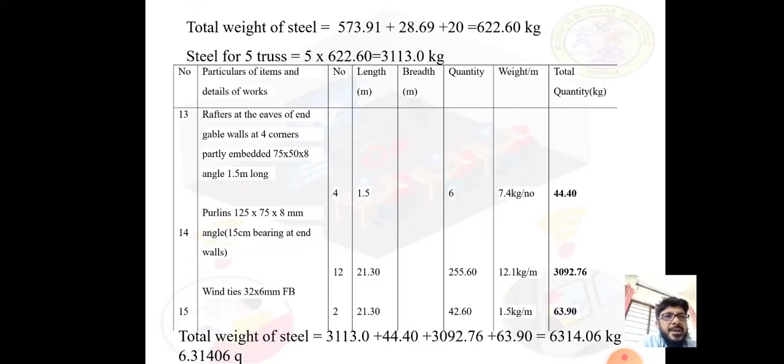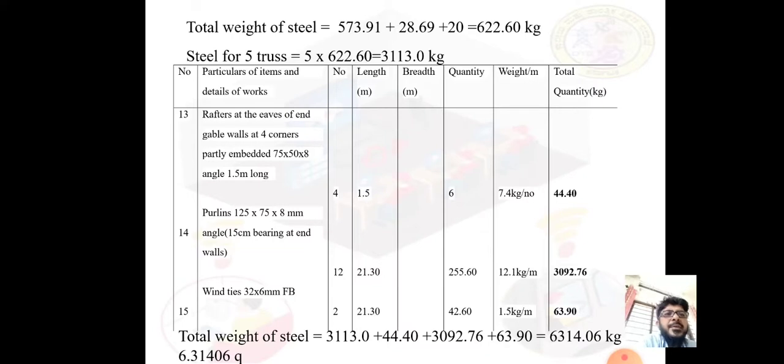So if you see in the drawing, we are using 5 trusses. So for 5 trusses, total weight is 5 into 622.6, means a total of 3113.0 kg of weight. So these are the trusses.